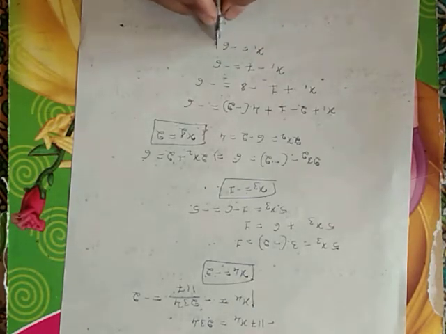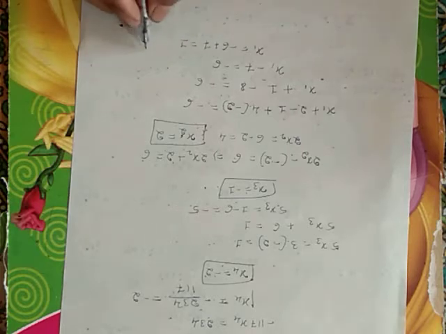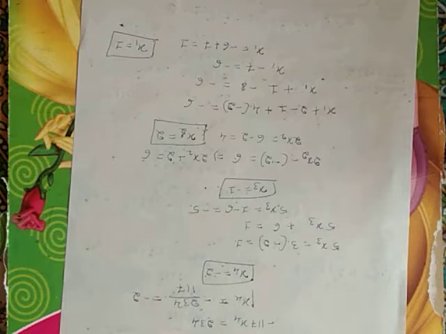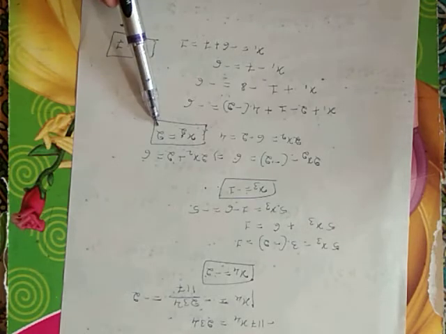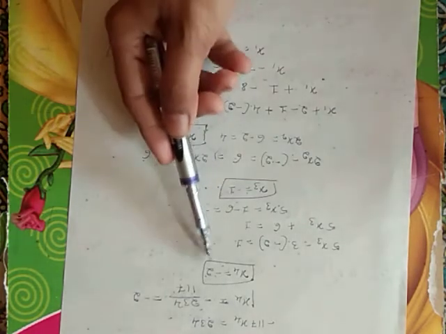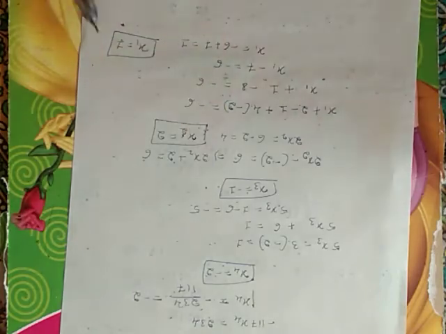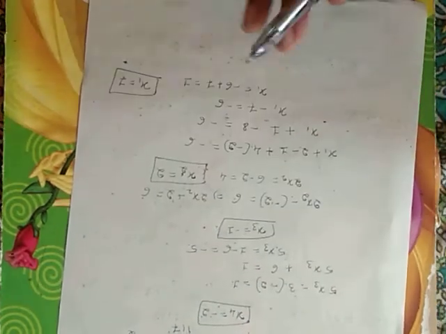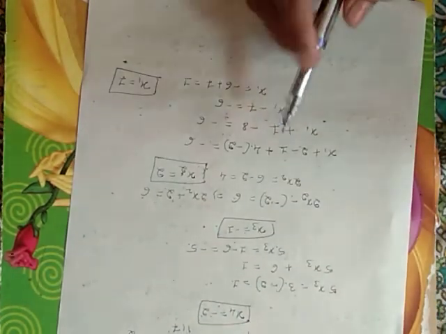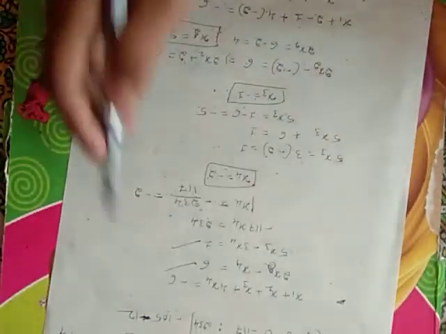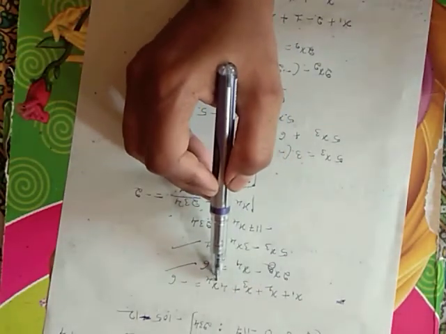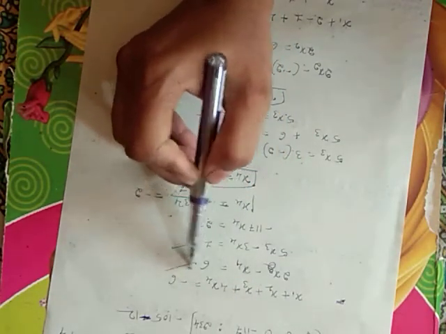Plus 7, minus 6 plus 7 equal to 1. So x1 equal to 1, x2 equal to 2, x3 equal to minus 1, x4 equal to minus 2. If you want, you can cross-check the values here. See here, in equation 1 or 2, any one equation, x1 plus x2 plus x3 plus 4x4 must be equal to minus 6.